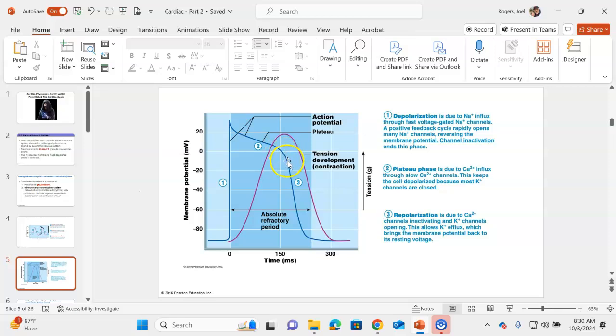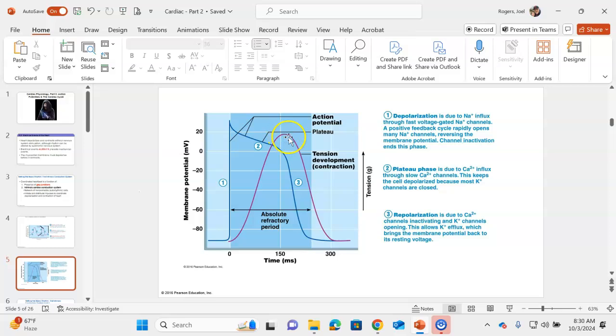And then phase 3 is pretty much consistent with what we've seen so far. Phase 3, this repolarization phase, is caused by potassium leaving the cell, which we can see over here, potassium efflux. So it brings the cell membrane potential back down to rest. Now, this purple curve, again, I mentioned, is tension development in the myocardium. Let's connect the dots here.